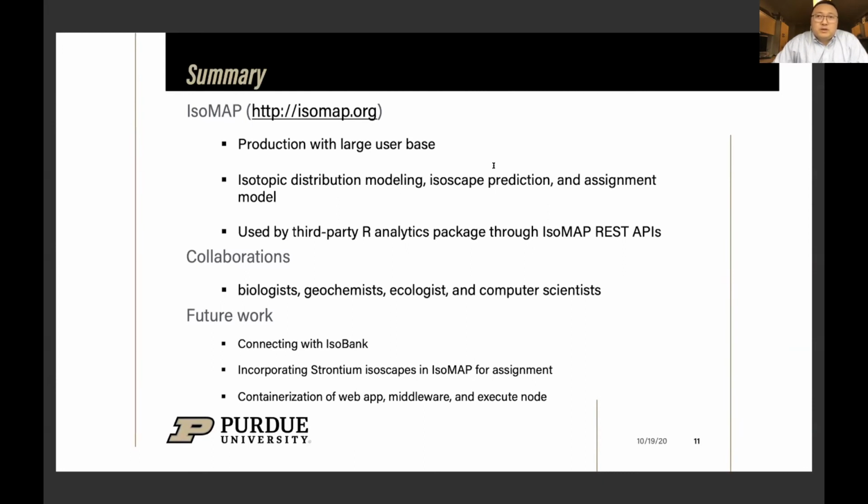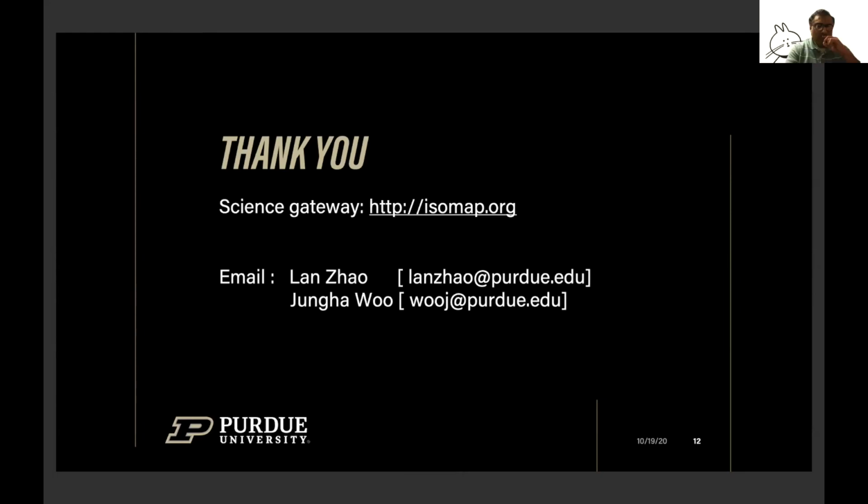We only cover hydrogen and oxygen, but in the future, we may cover carbon and nitrogen. And we are currently working with the strontium data sets for using the assignment model. And yeah, that's it for now.